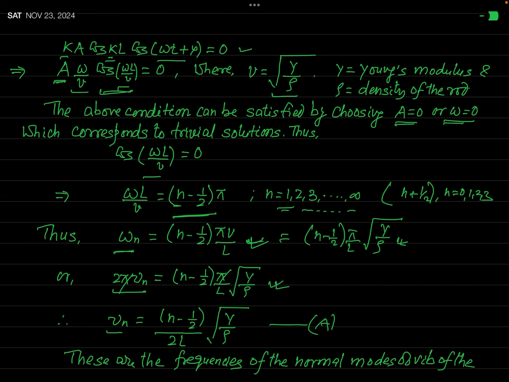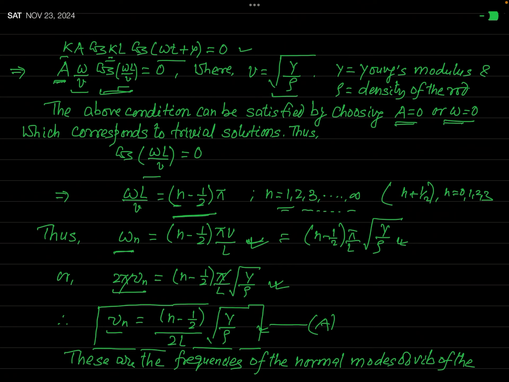Now you can see this pi and this pi will cancel out on both sides, and therefore nu n is given as (n minus 1 over 2) over 2L times the square root of Y over rho. This is our final result for the frequencies of the normal modes of vibration of a rod which is clamped at one end and free at the other end, and it executes longitudinal vibration.